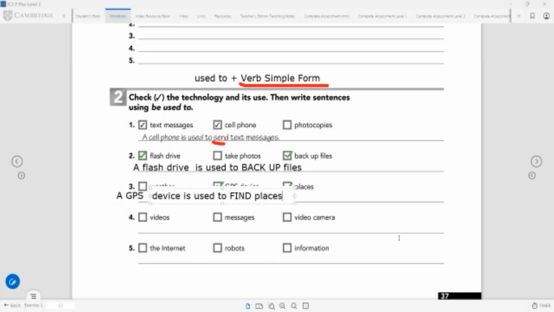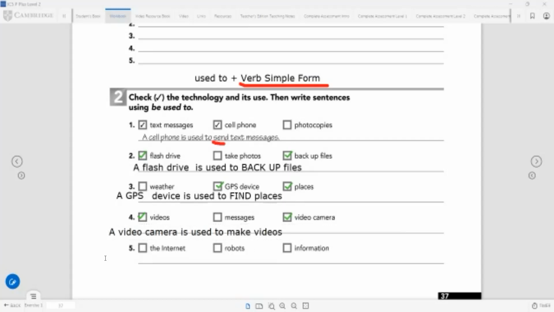For number 4, the technology is the video camera, and the use maybe make videos. So the answer would be a video camera is used to make videos.